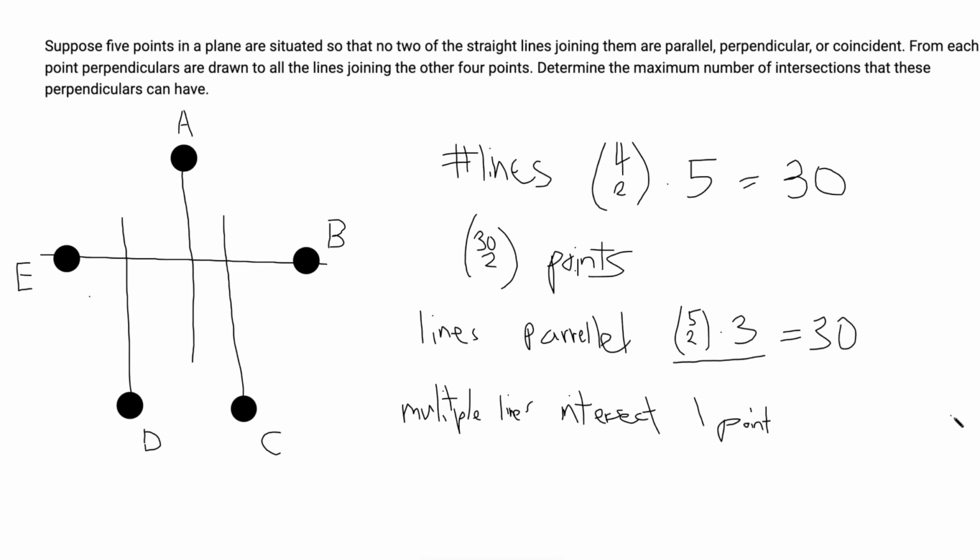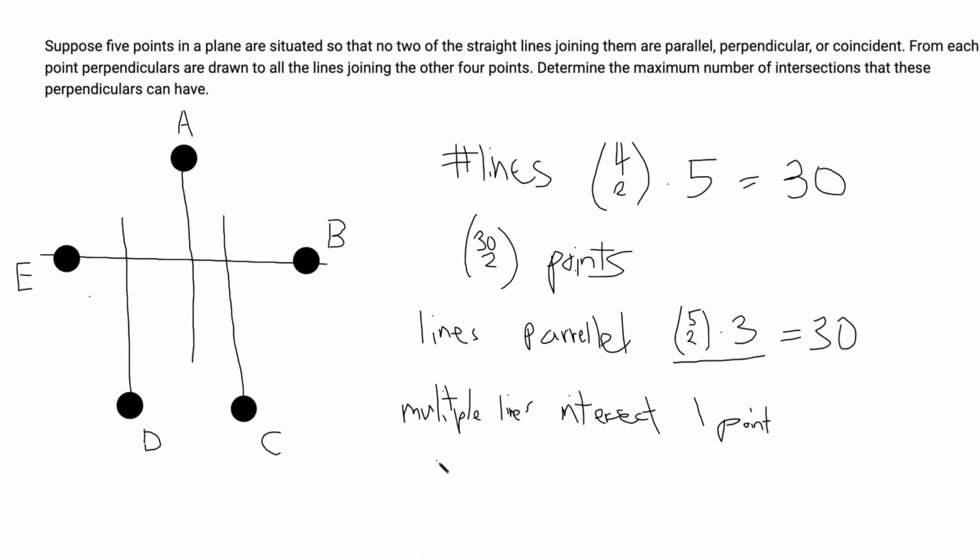Now we consider where multiple lines intersect at 1 point. The first obvious case is from the vertices themselves. The vertices all have 6 lines coming out of them. And these 6 lines only intersect at 1 point, which is the vertex. So how many points are we overcounting for these 6 lines?